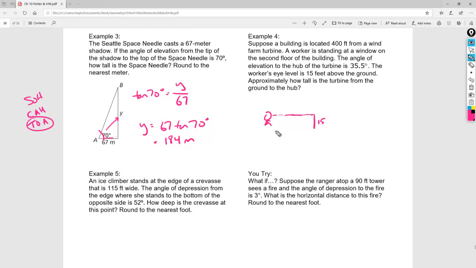Okay, and furthermore, this dude is 400 feet from this turbine, which is gonna look like that kind of. Alright, so we want to know how tall the turbine is. So our angle of elevation to the top of the turbine is going to be 35.5 degrees.